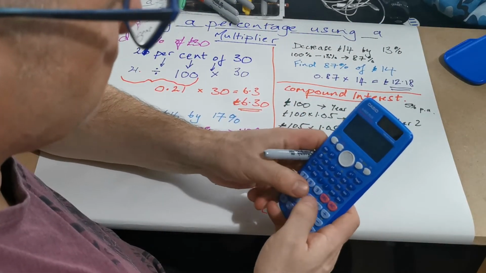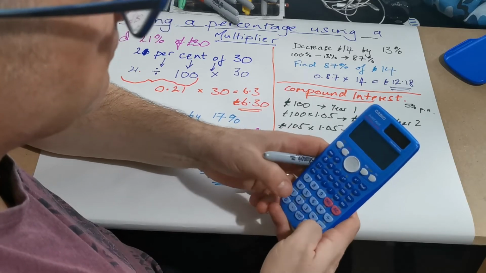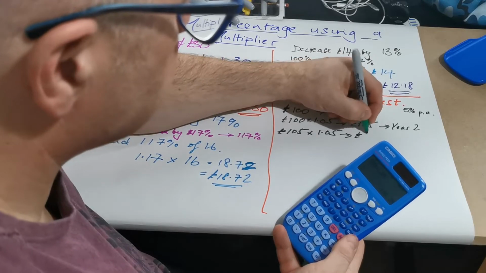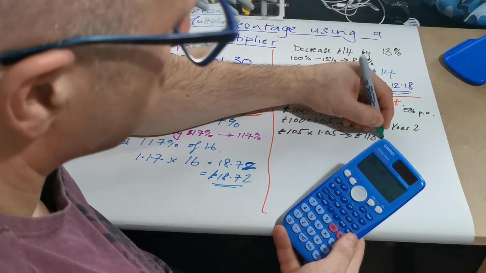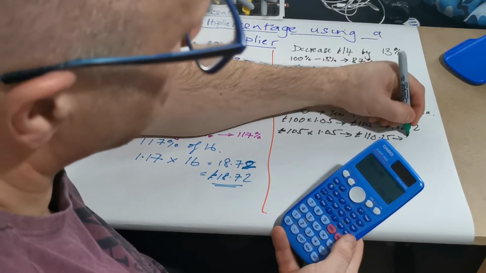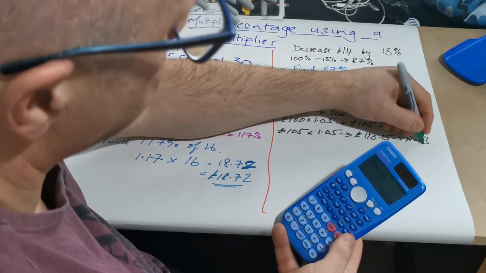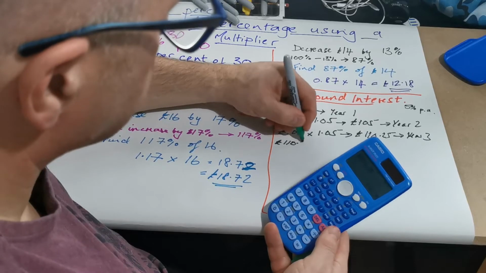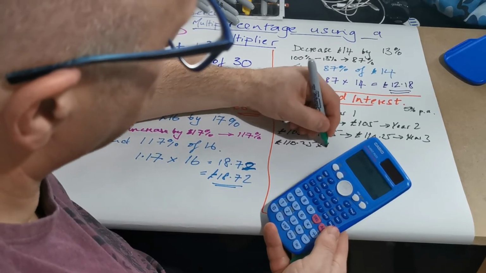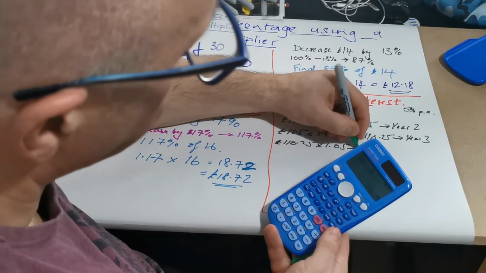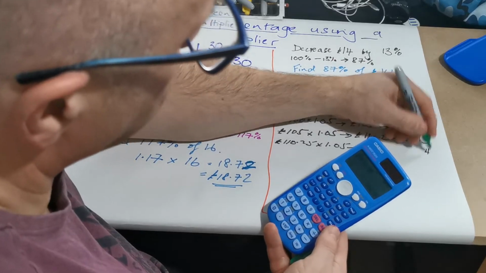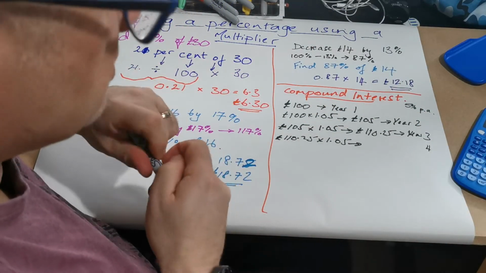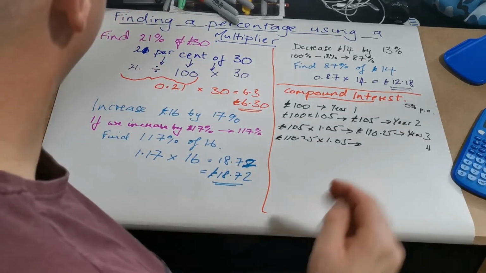So 105 times 1.05, that would be £110.25, and that's what you'd have at the start of year 3. And then we would do £110.25 times 1.05, would be the start of year 4, etc. And that's quite nice, easy questions to do like that.